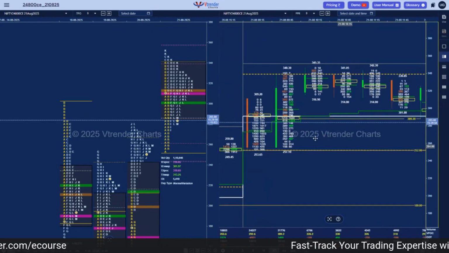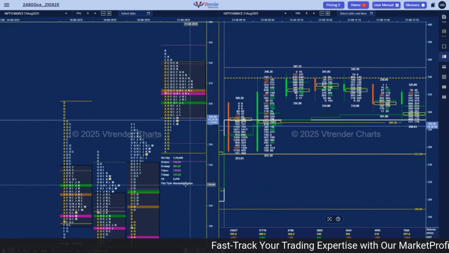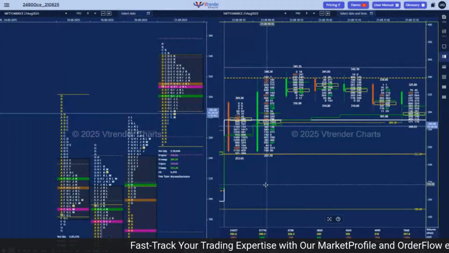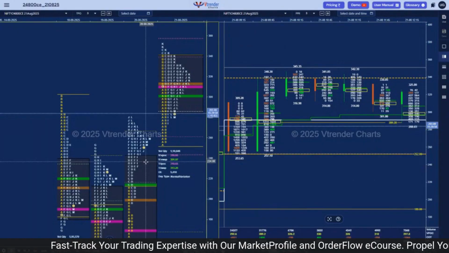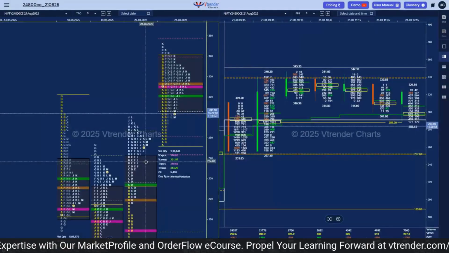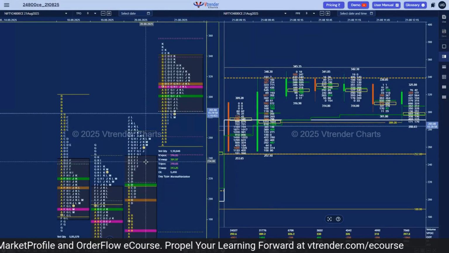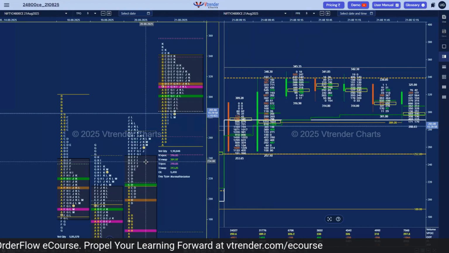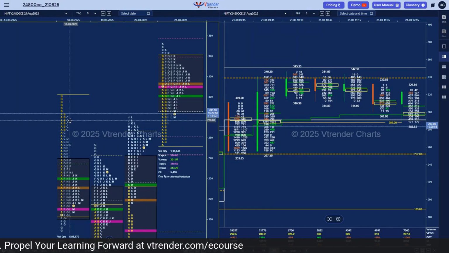So there is no reason why it will not work on the options. So same thing here. I have the 30-minute on the right and the market profile on the left. This is one combination which I use to know what the bigger time frame references in options are. So using this chart, I knew that 111 in 25,000 call was an important reference.